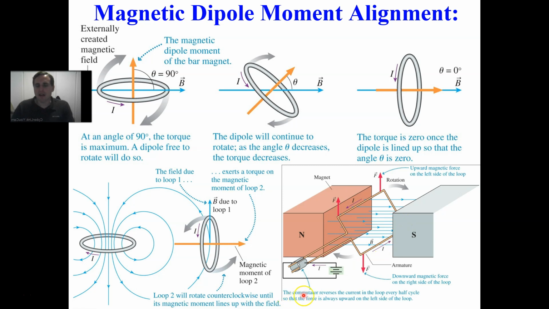And then notice that here we have a voltage source, an electric current running into here, but also a commutator, which reverses the current direction in the loop every half cycle, so that the force on the one side, say the left side over here, is always upward, and the force on the other side here is always downward.